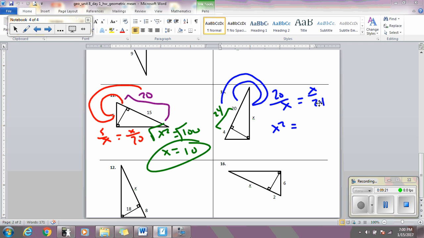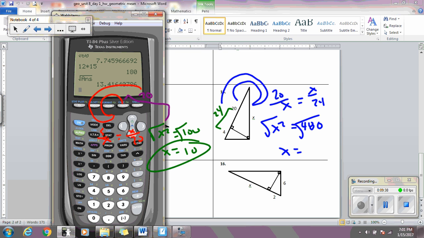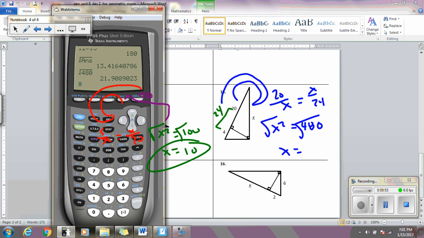And then 20 times 24 is 480. And now I take the square root of both sides. About 21.9. Yes.